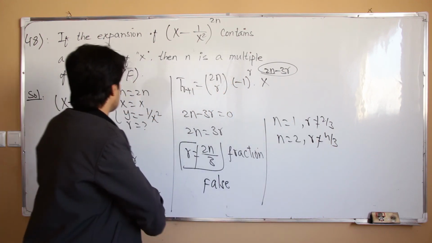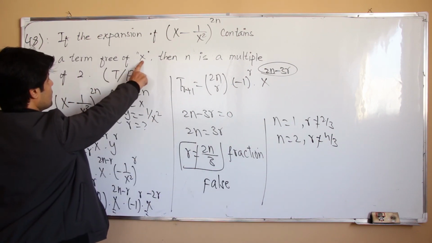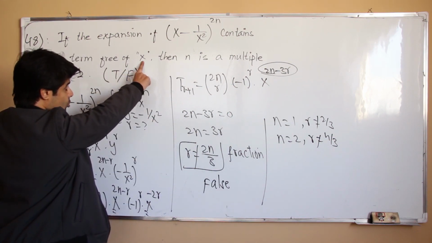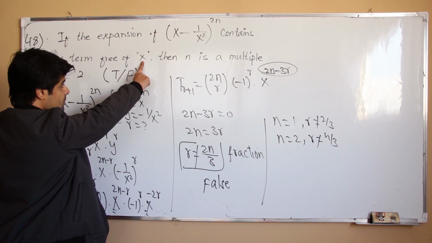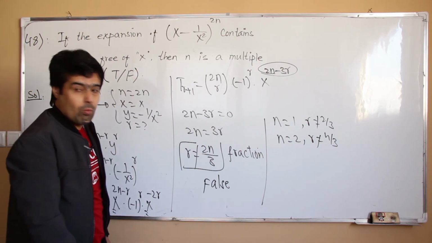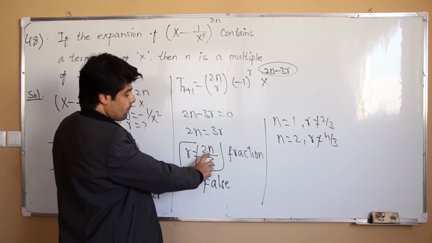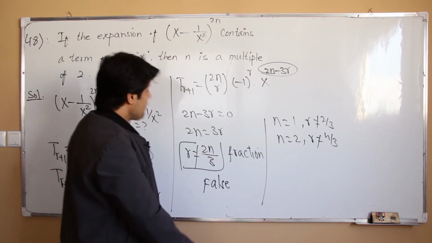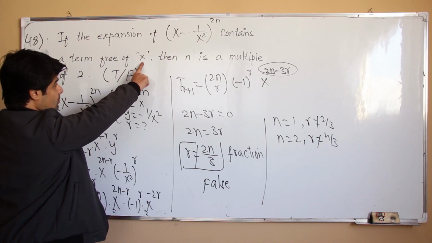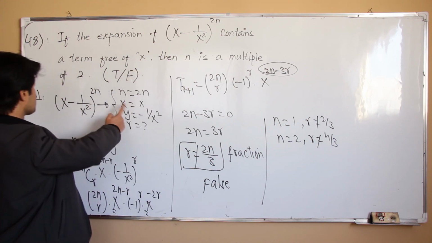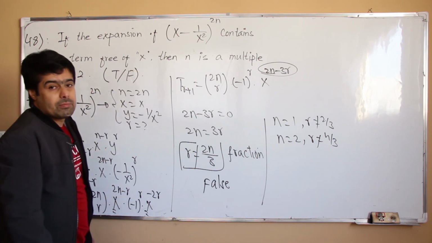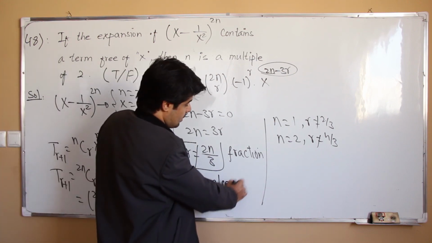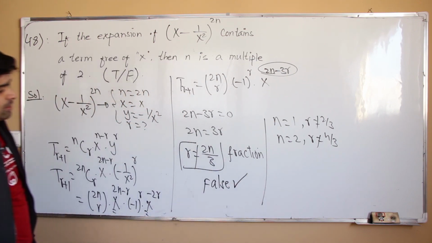It means that the free term of x is not possible. Why? Because n and r have occurred in a fraction case. If the free term is not possible, how can we say that this one is a multiple of 2? So we can say that our statement is false.